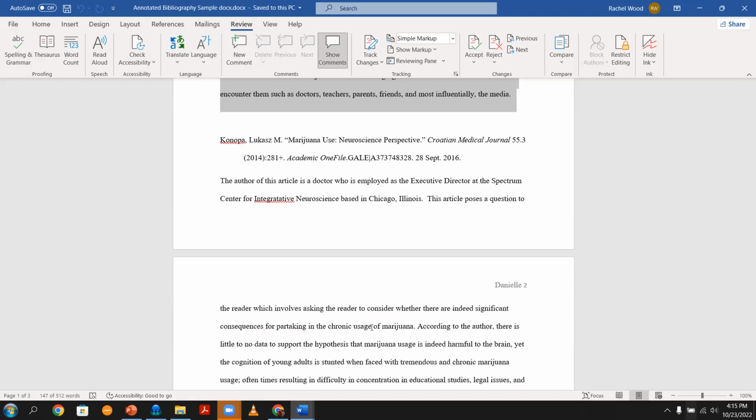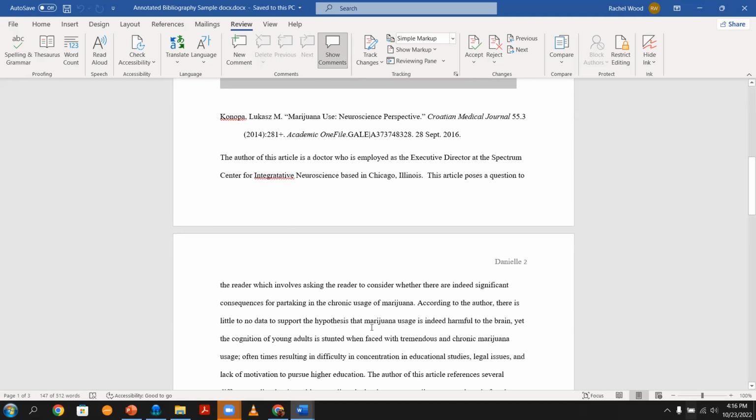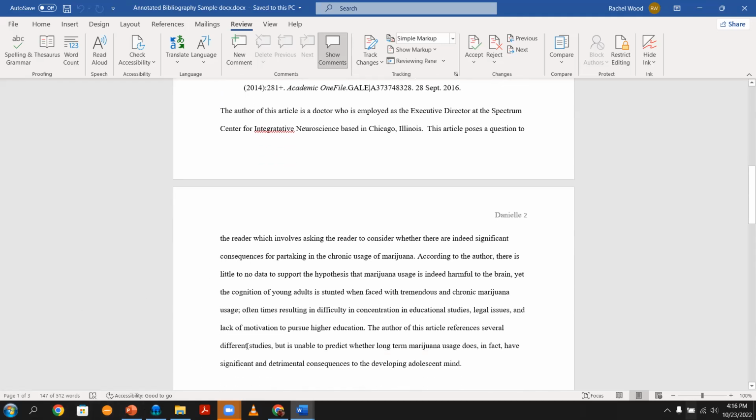According to the article, there's little to no data to support the hypothesis that marijuana usage is indeed harmful to the brain, yet the cognition of young adults is stunted when faced with tremendous and chronic marijuana usage, oftentimes resulting in difficulty concentrating in educational studies and lack of motivation to pursue higher education. The author of this article references several different studies, but is unable to predict whether long-term marijuana usage does, in fact, have significant and detrimental consequences to the developing adolescent mind.